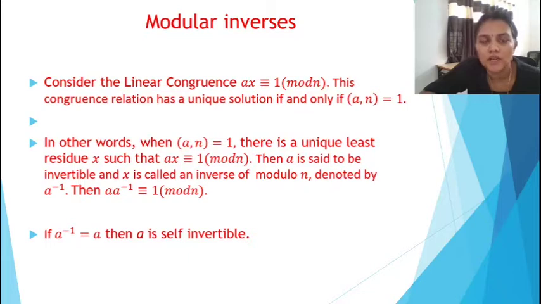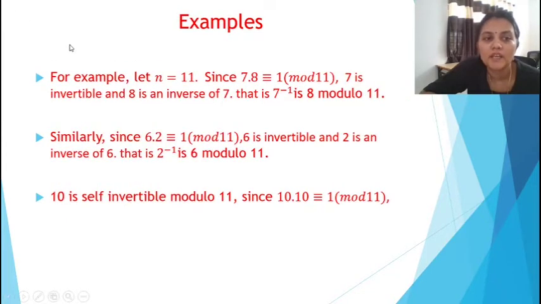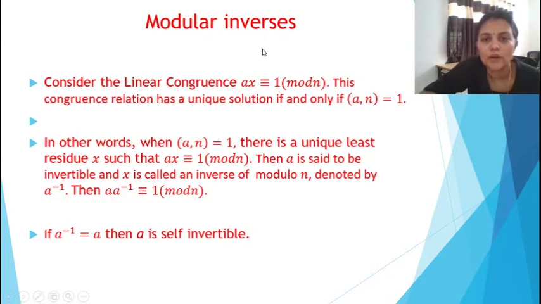First, we have to consider the linear congruence ax ≡ 1 (mod n). This congruence relation has a unique solution if and only if GCD(a, n) = 1, which we have learned from the theorem. In other words, when GCD(a, n) = 1, there is a unique least residue x such that ax ≡ 1 (mod n).